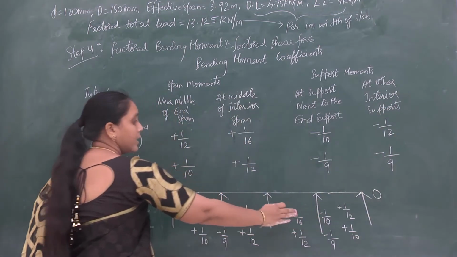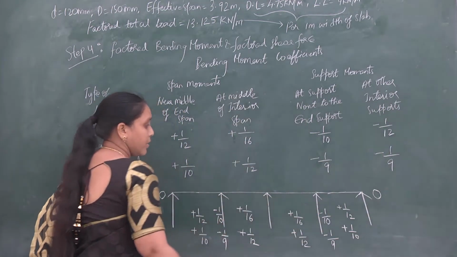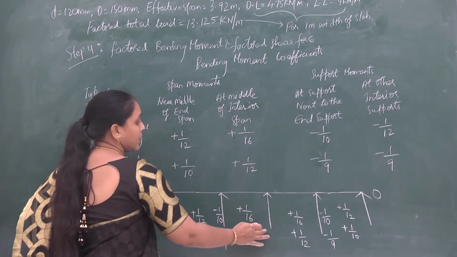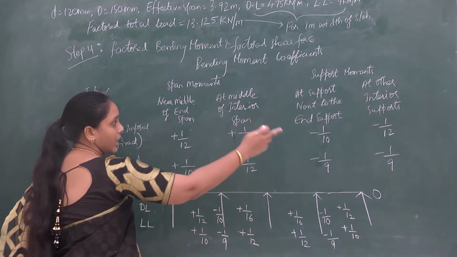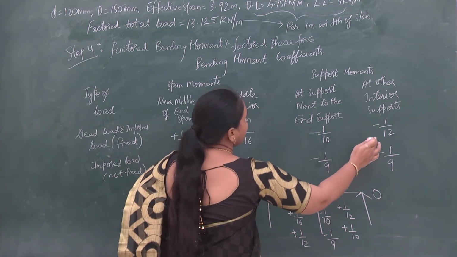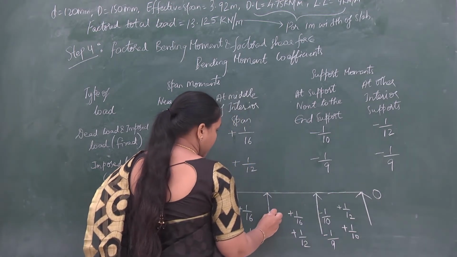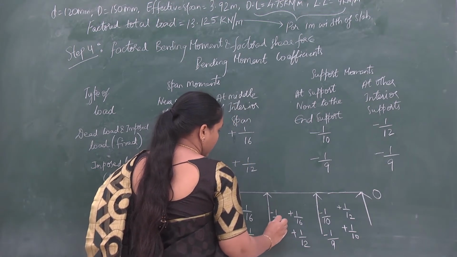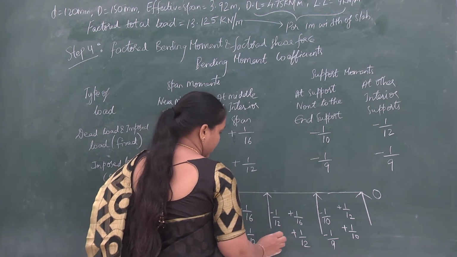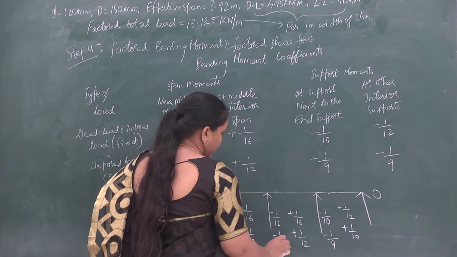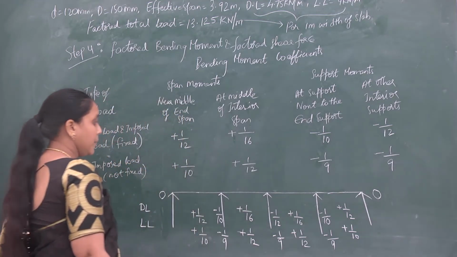At the support next to the end supports we have done. So what are the other interior supports? This will be our other interior support. At the other interior support, the bending moment coefficient for the dead load is minus 1 by 12, and the live load bending moment coefficient is minus 1 by 9.